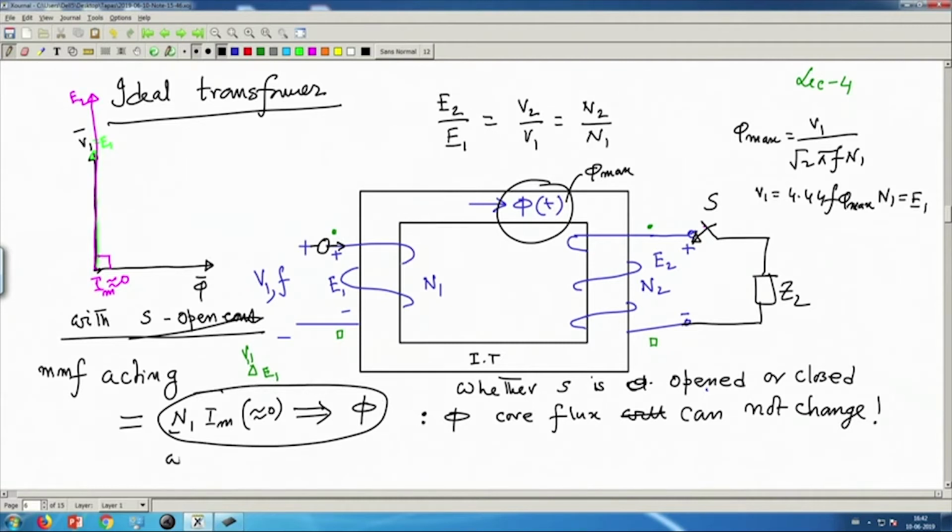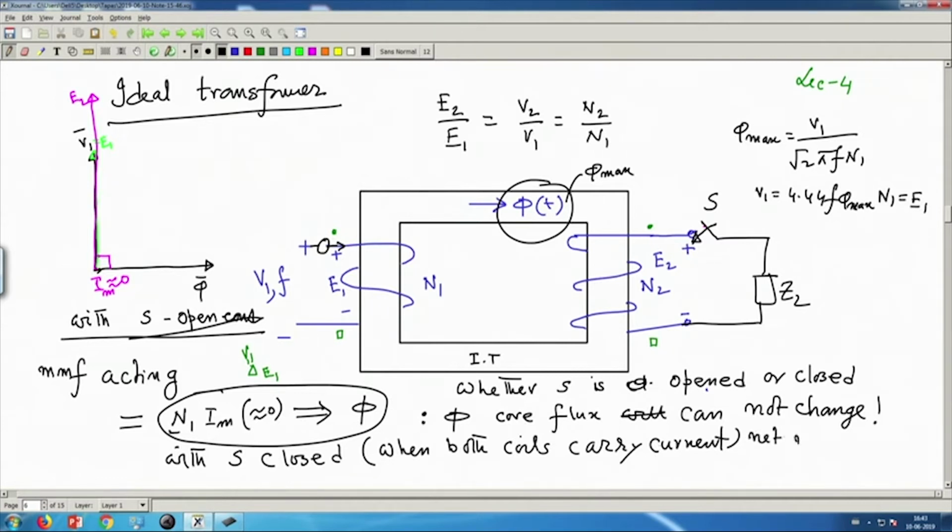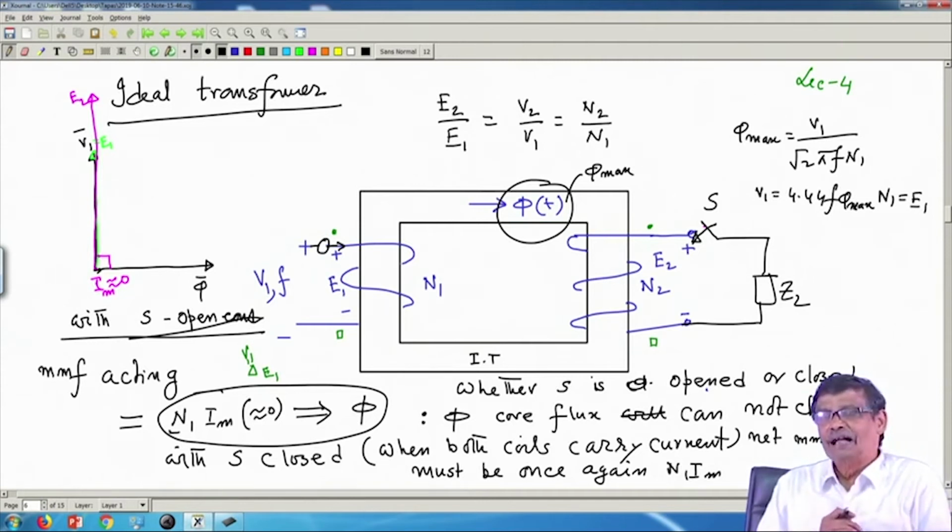What I am telling, with S closed, when both coils carry current, net MMF must be once again N1 into Im, because N1 into Im created this original flux, and I am telling with S closed or opened, flux remains same, it cannot change.